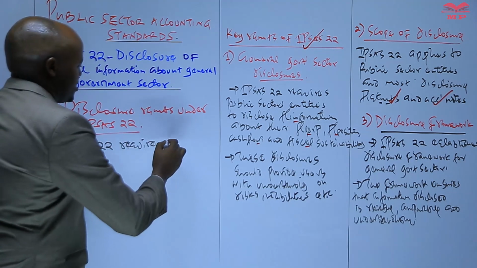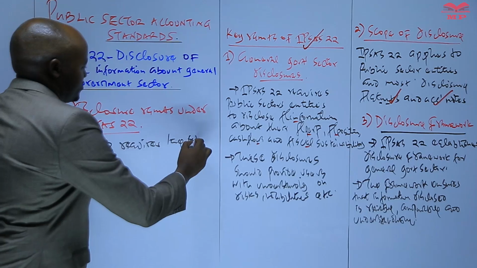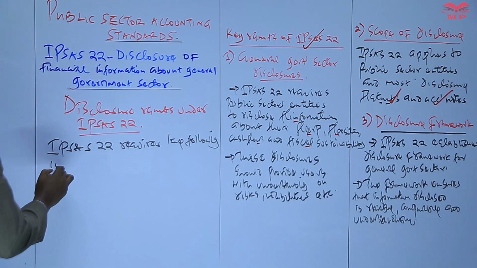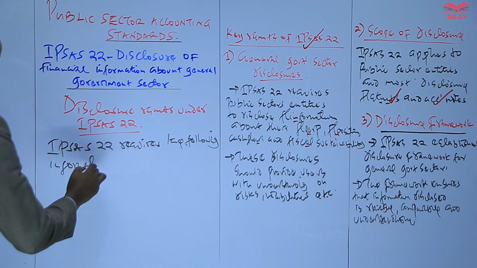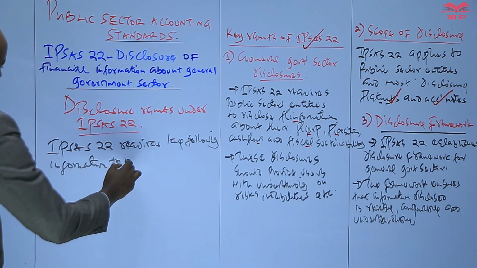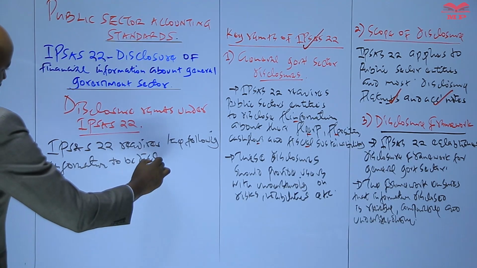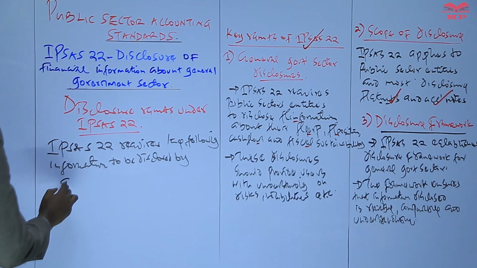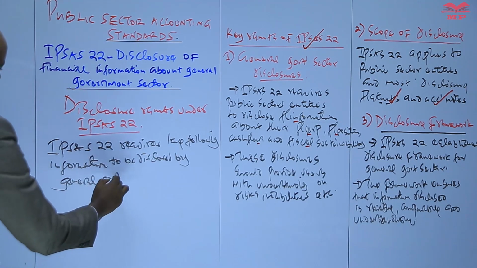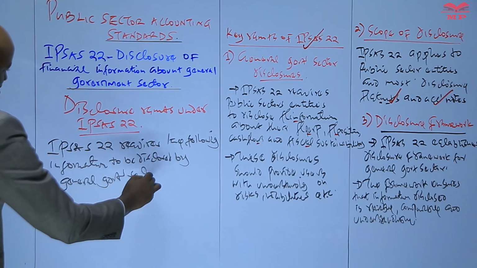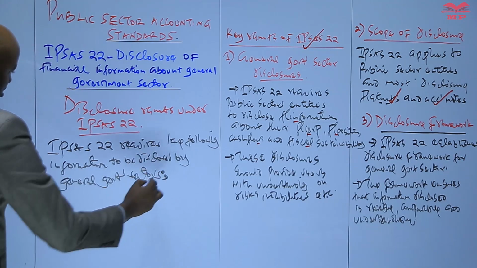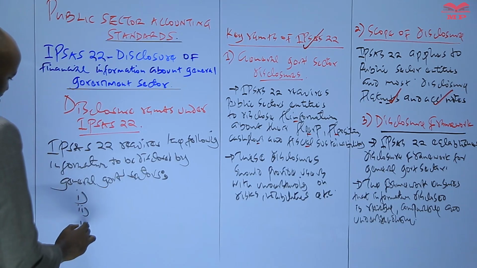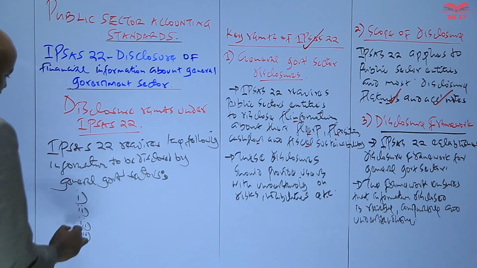It requires the following information to be disclosed by the general government sector. So here we have some information which needs to be disclosed.